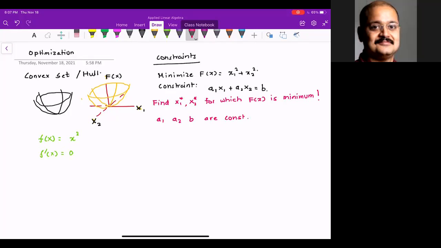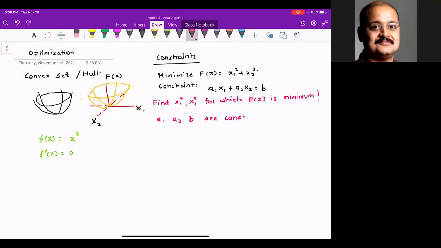So the idea is, how do we take this constrained optimization problem and make it into an unconstrained optimization problem? And that is the beauty of Lagrangian multipliers. What does a Lagrangian multiplier do? It takes that constraint and incorporates it as part of the function to be minimized.